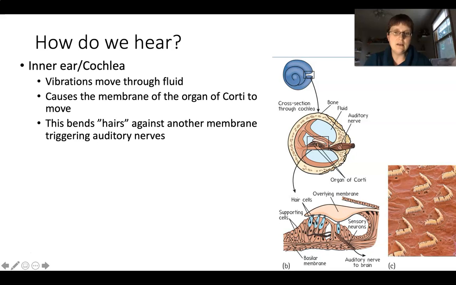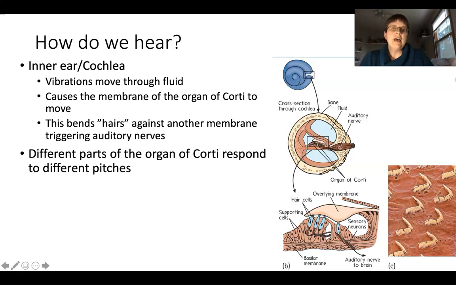These hair cells are attached to the auditory nerves. They aren't nerve cells themselves, but they are attached to auditory nerves. And so when this membrane in the organ of Corti bends back and forth, it's going to bend the hairs back and forth. That triggers the signal to be sent down the auditory nerve to the brain.